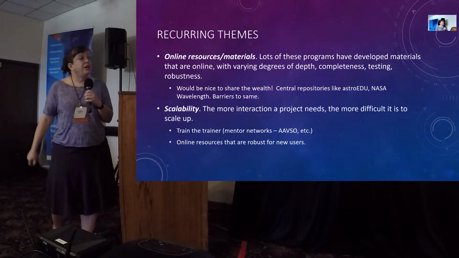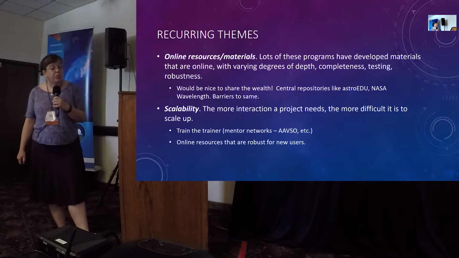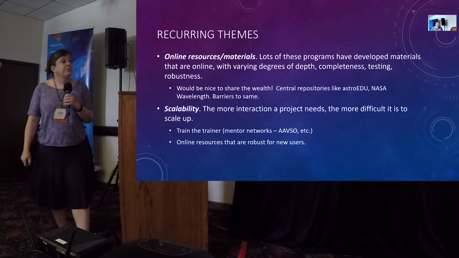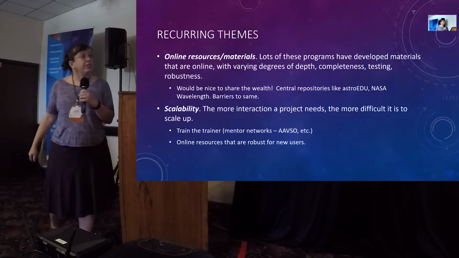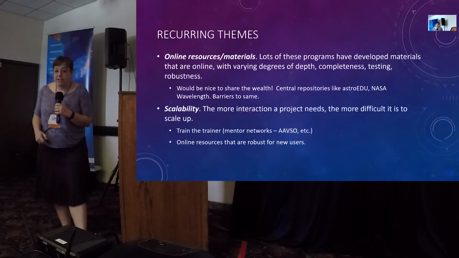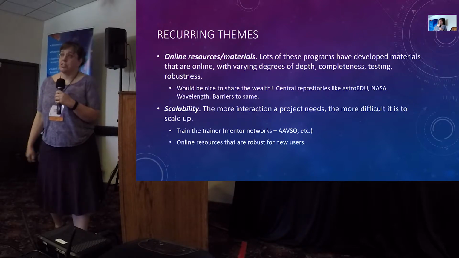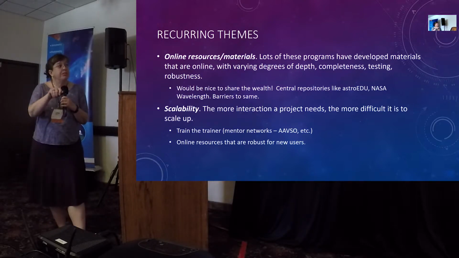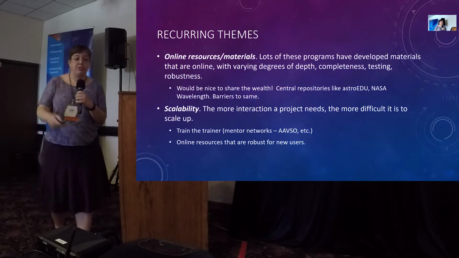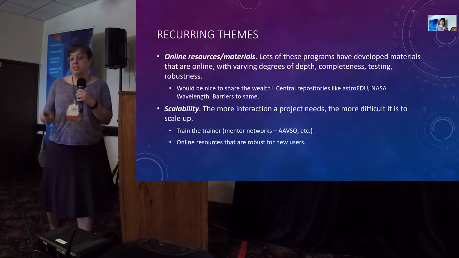And there are central repositories like ASTRO-EDU and NASA Wavelength, but there are some barriers to doing that. For example, if you have, say, Astronomy Picture of the Day, that can't go into NASA Wavelength because it changes all the time. Once you get your materials into NASA Wavelength, if you do so much as fix a typo, you have to go through the review process again.